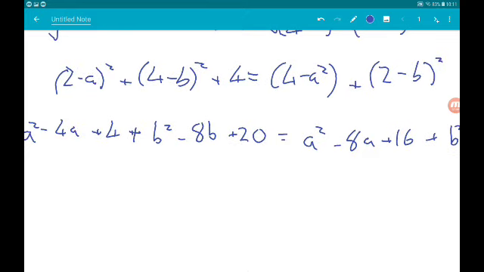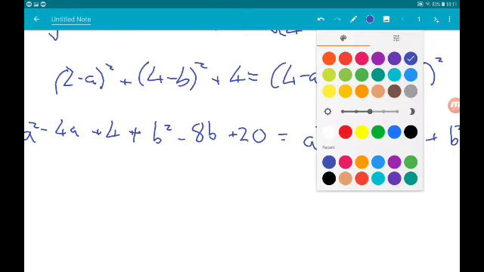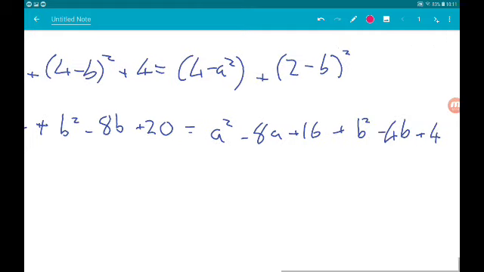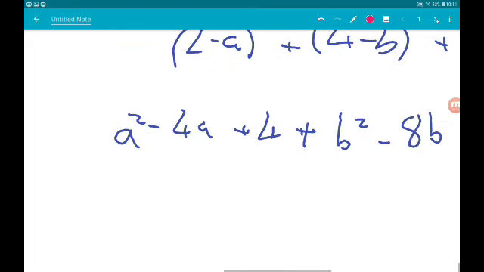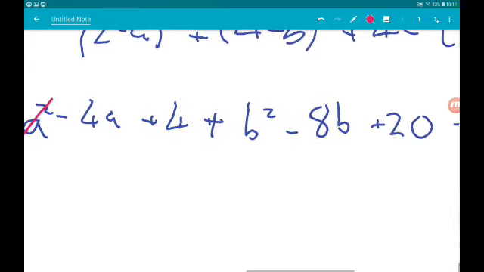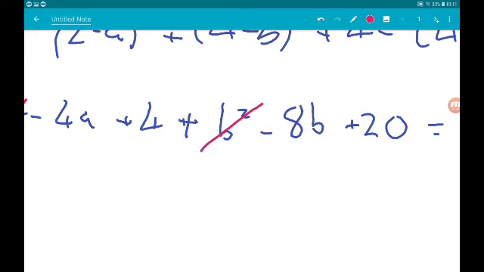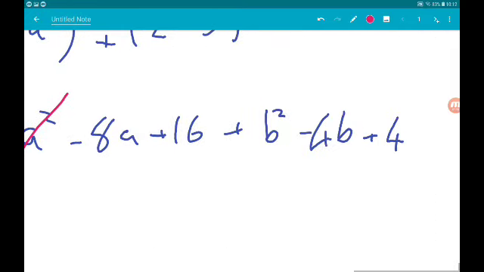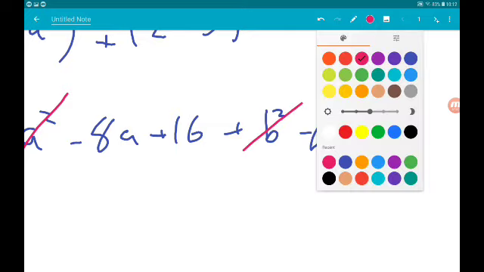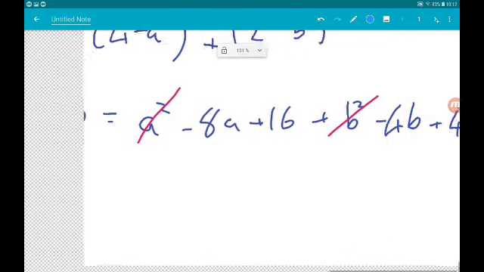Okay, so there's a lot of simplifying here. So we got an a squared and a b squared on both sides. So we can subtract these from both sides. Okay, let's see then what we're left with.